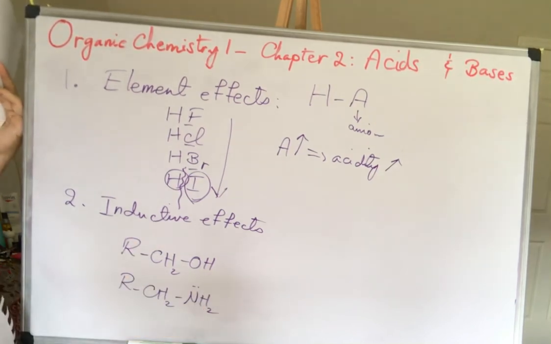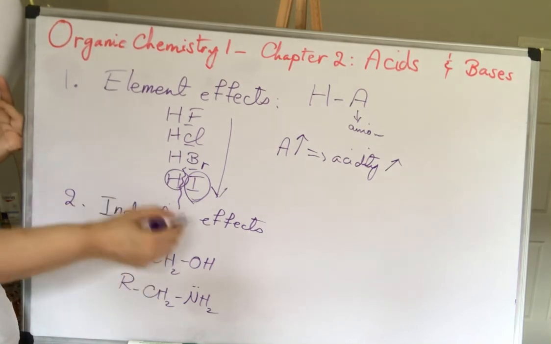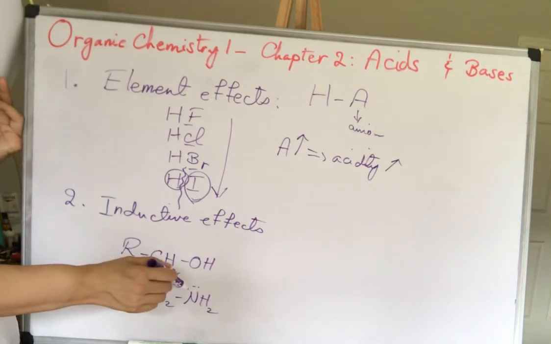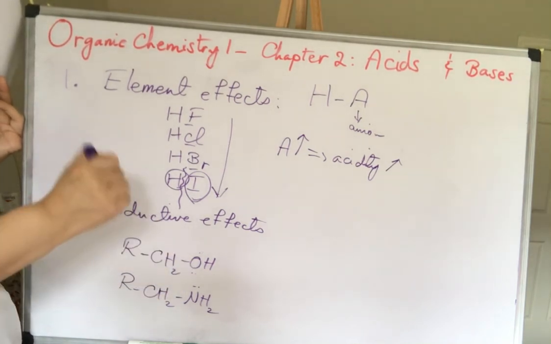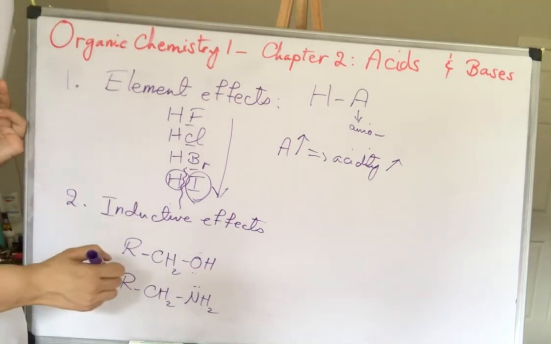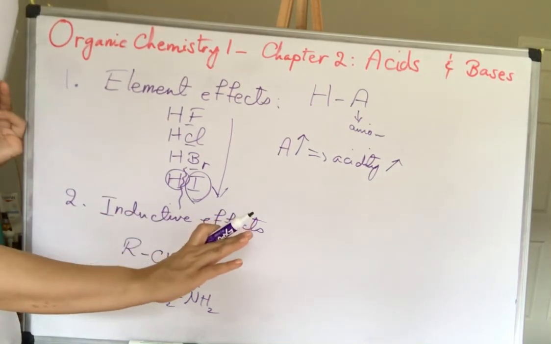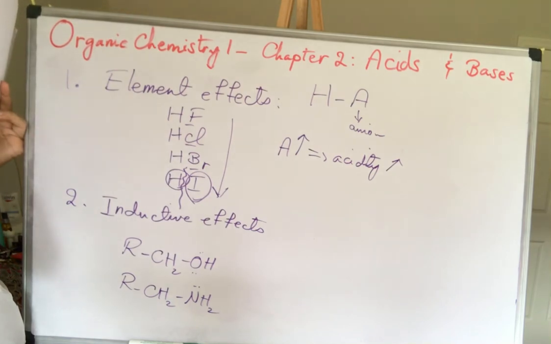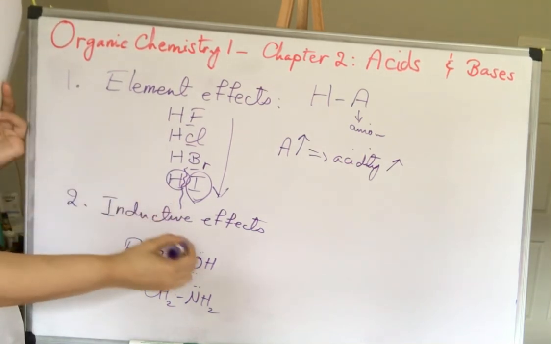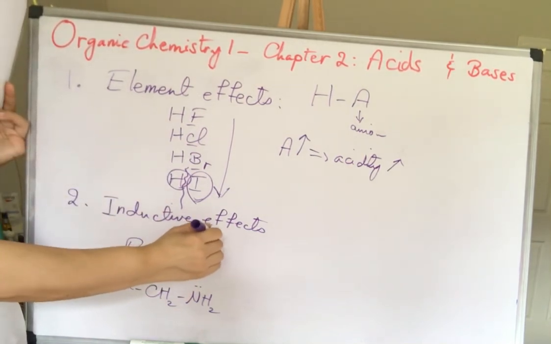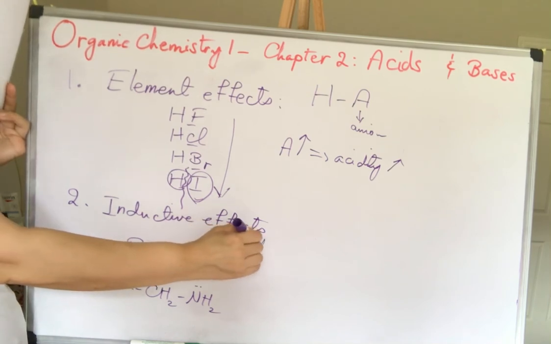Okay? Everything else is the same, but the nitrogen and oxygen are different, right? Which one of them is more electronegative? Further across the period, further to the right, is more electronegative. So oxygen is more electronegative.